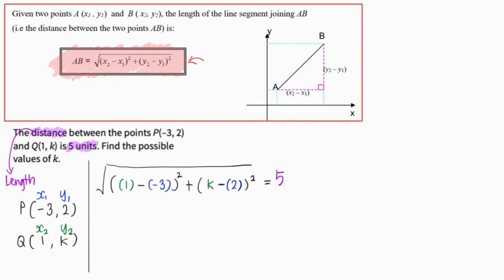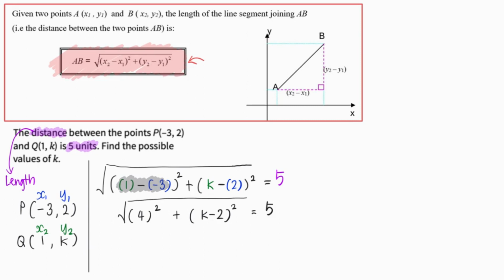So the next step would then be for me to continue to simplify it. This is 1 minus -3. This will be 4 squared plus k minus 2, bracket squared, the square root equals 5.